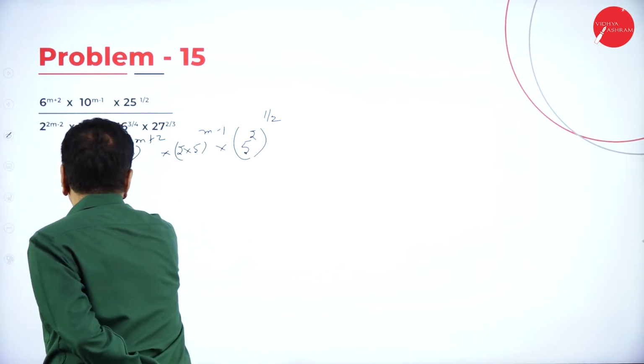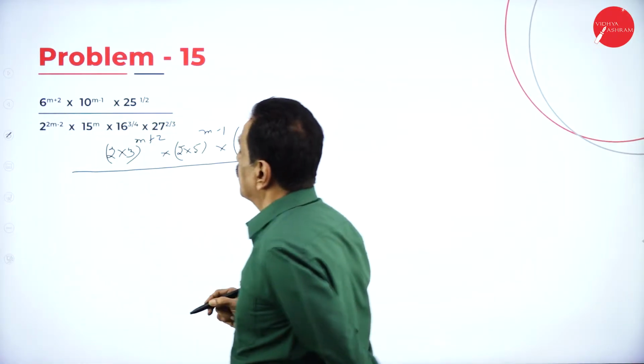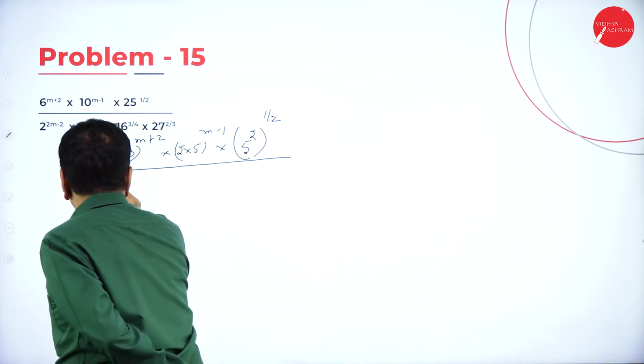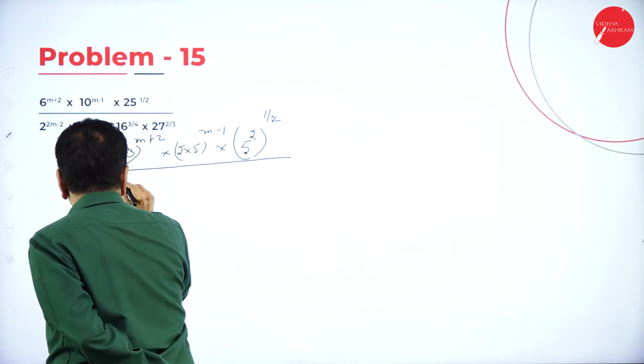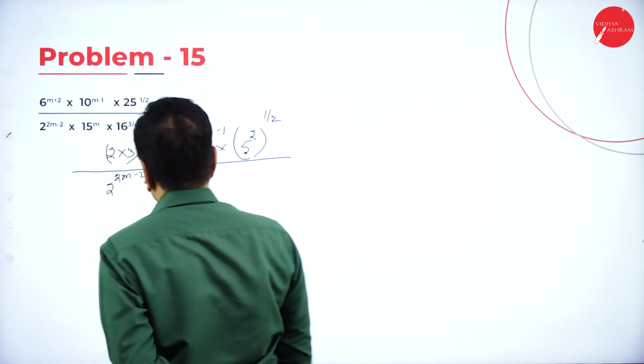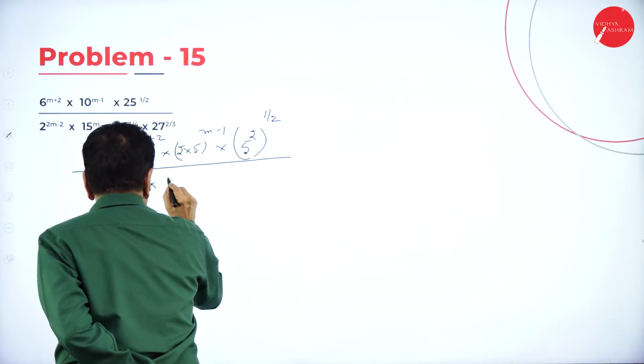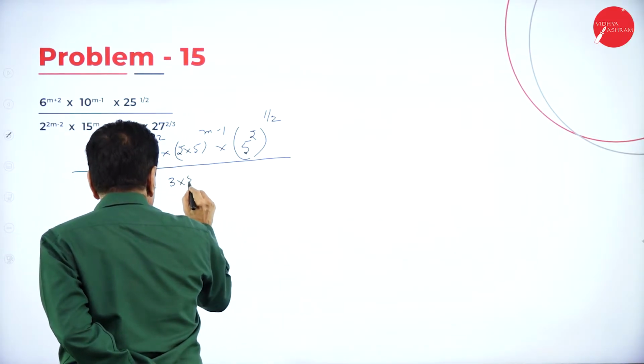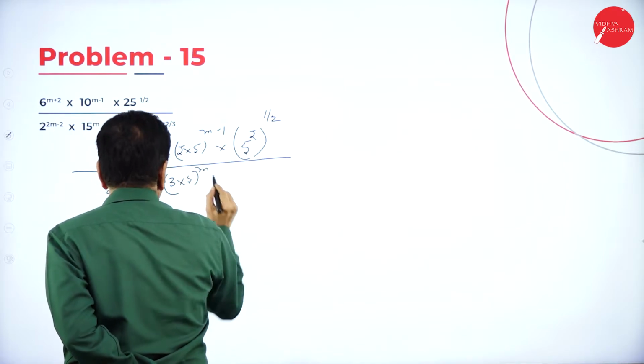Divided by 2 to the power of 2m minus 2. 15 can be written as 3 into 5 to the power of m.